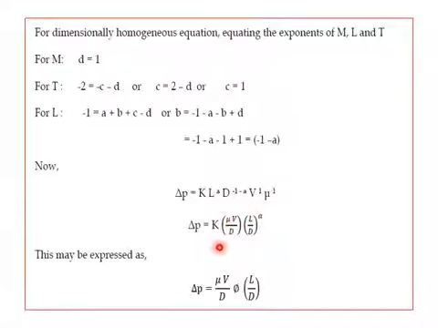So this can be expressed now, taking out the dimensionless constant, and writing the equation as Δp, because this is one of the dimensionless terms, which is Δp by this term, and L by D is another dimensionless term. So therefore it can be written as Δp equals mu v by D, a function of L by D. So this is how we get.